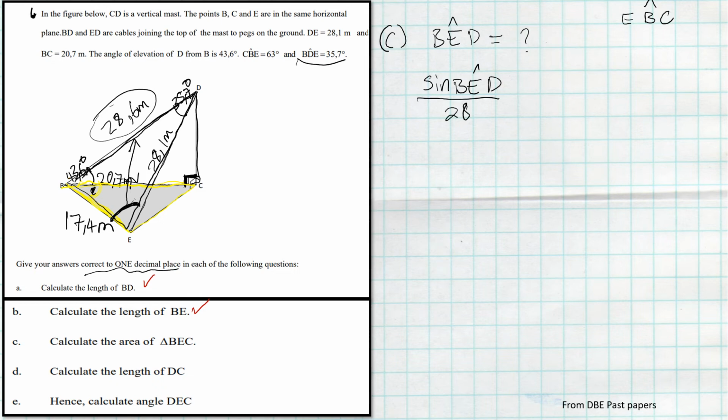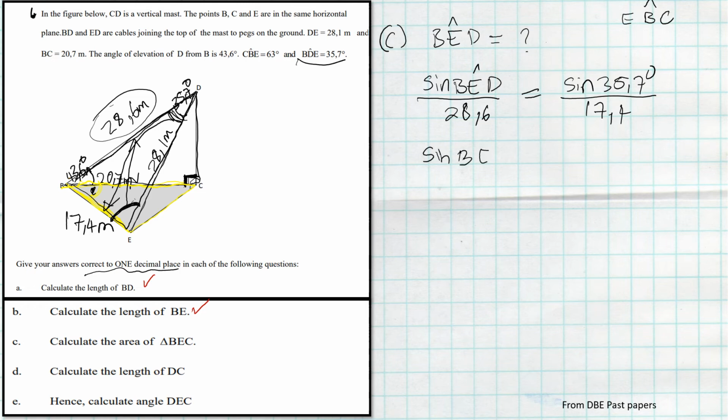Over 28.6, is equals to what? Will be equals to sine, I can choose 35.7 degrees on that triangle. Can you see? Sine 35.7 degrees. Its corresponding side is what? It's 17.4. Can you see?